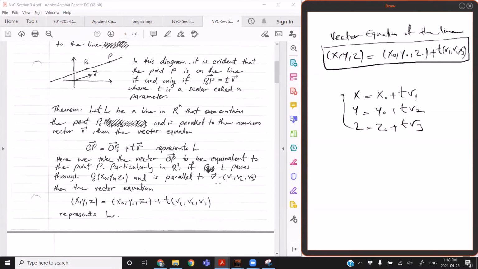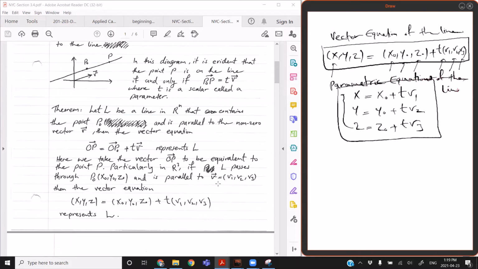If you just make the components equal, x has to be x0 plus t v1, then y has to be y0 plus t v2, and z has to be z0 plus t v3. So you can see that these two are equivalent, but they have different names. This one would be called the parametric equations of the line.